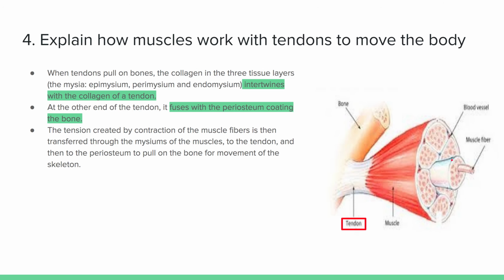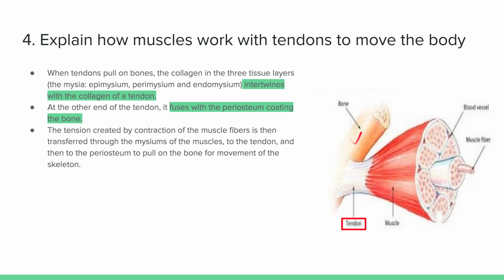So what exactly is a tendon? A tendon is part of the muscle, and it connects the muscle to a bone. The tendon doesn't actually connect directly with the bone. The bone has a layer encasing it called the periosteum, which covers the whole bone except in areas of cartilage.